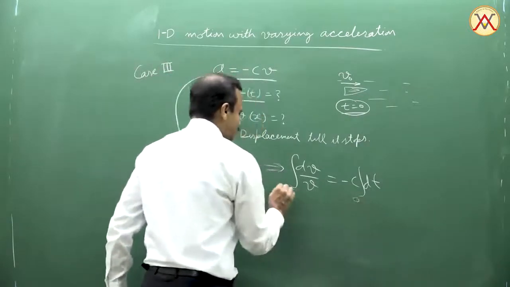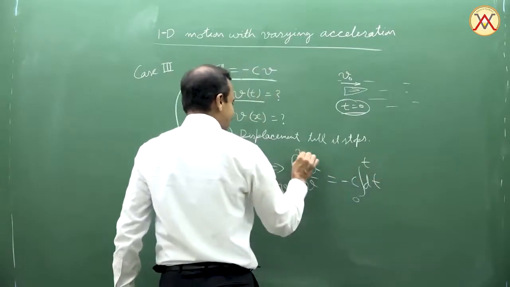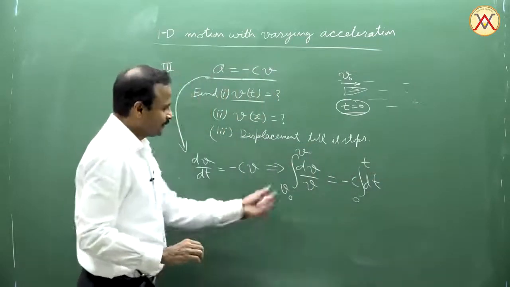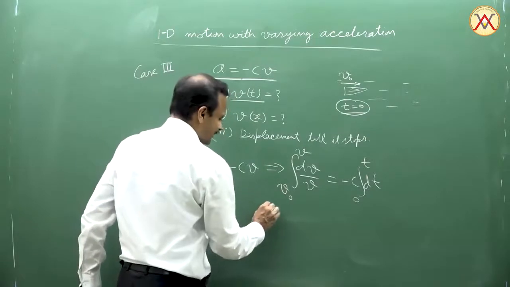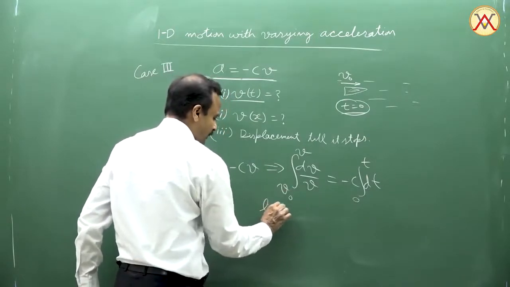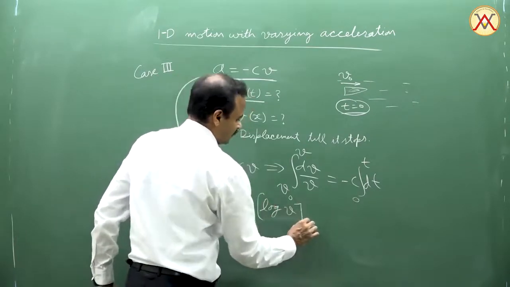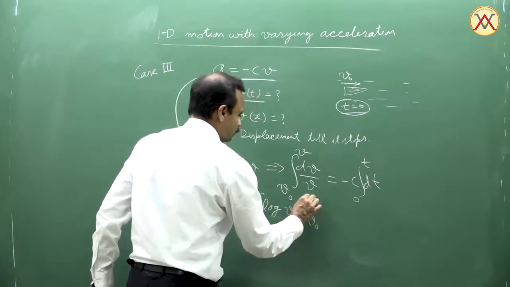At t equal to 0, velocity was v0, and at some general time, let us say the velocity is v. Left hand side on integration is log v, limits are from v0 to v.